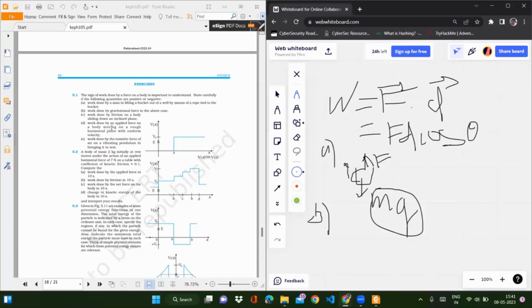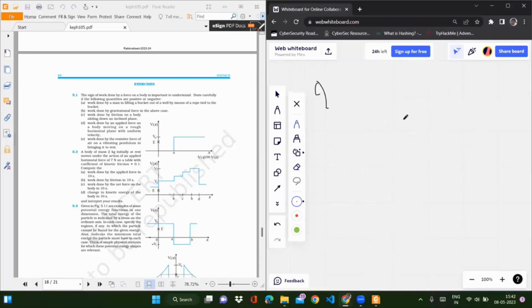Now the third part says work done by the friction on a body sliding down an inclined plane. So here we take one inclined plane, and on that one body is sliding downside due to the gravitational force.